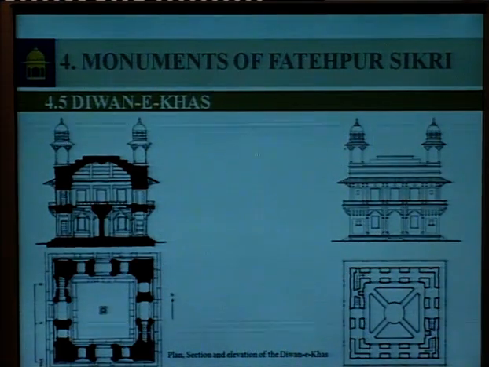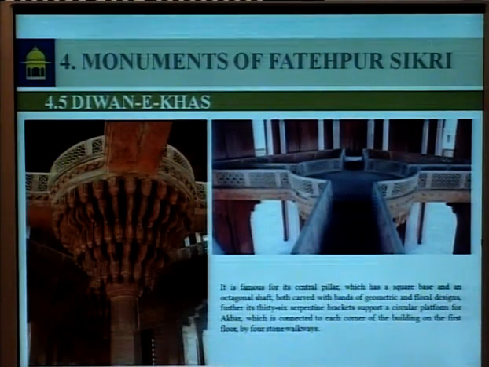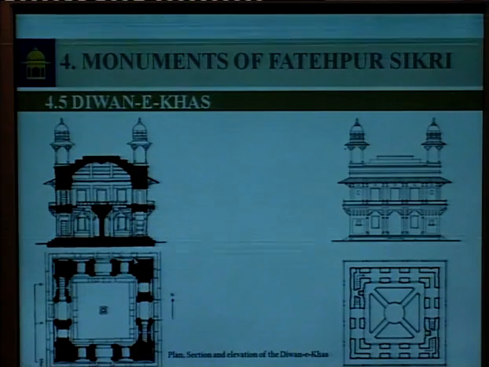These are some architectural drawings: sections, plan, elevation, and here is the first floor plan. This is the pillar we are talking of in plan, where the king used to sit and his ministers used to sit at the diagonal. Here it is. This is the central pillar in plan over here.